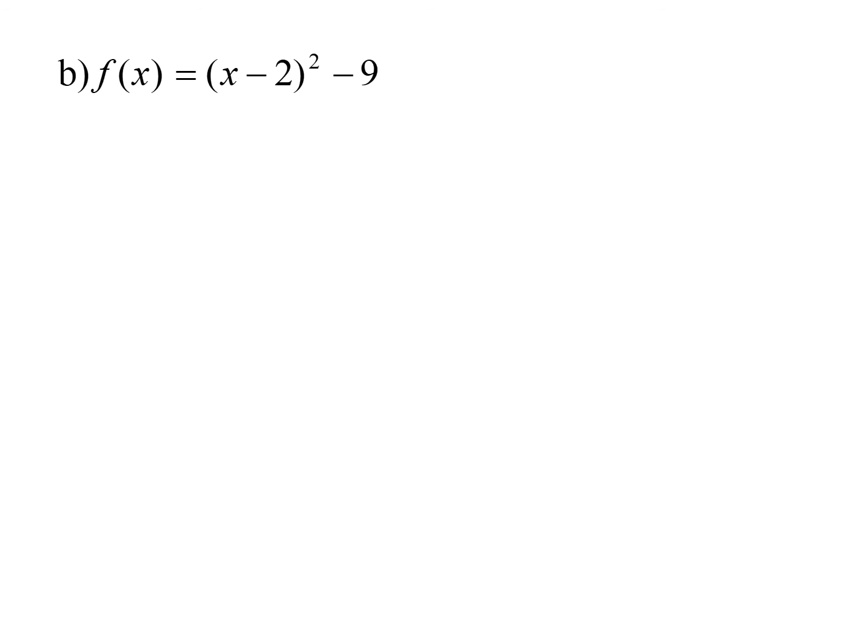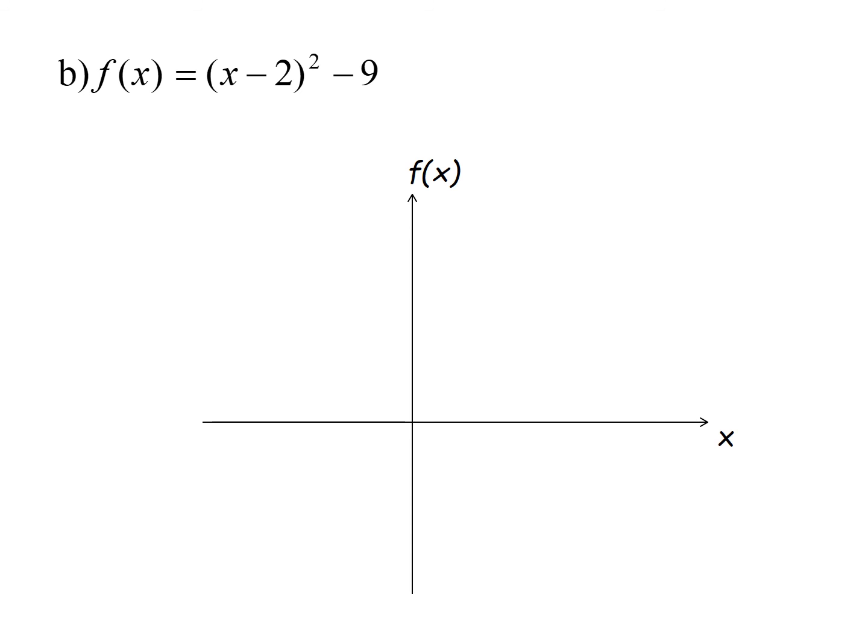So we draw a smiley graph with vertex (2, negative 9), which we read from the completing the square form. Then we find the y-intercept is negative 5.